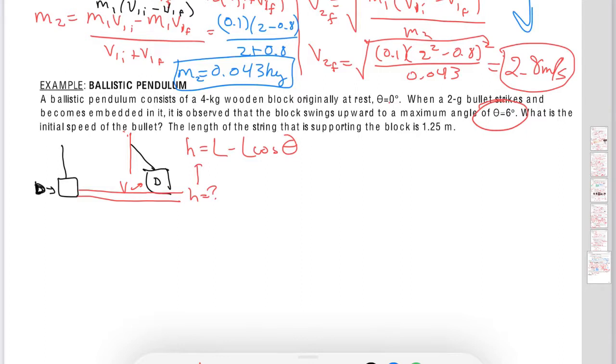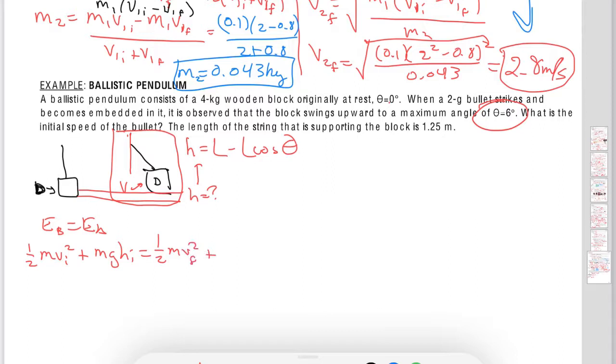If I just look at the bullet-block system, it's going to be E before equals E after. Then we do 1/2 mv initial squared plus mgh initial equals 1/2 mv final squared plus mgh final.